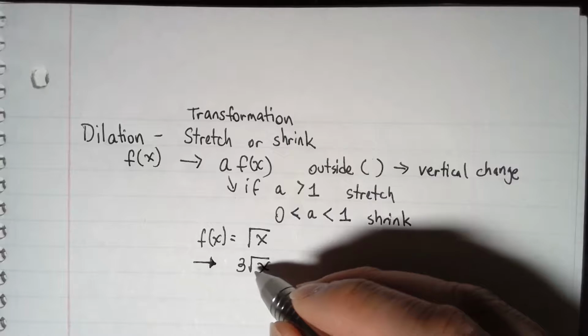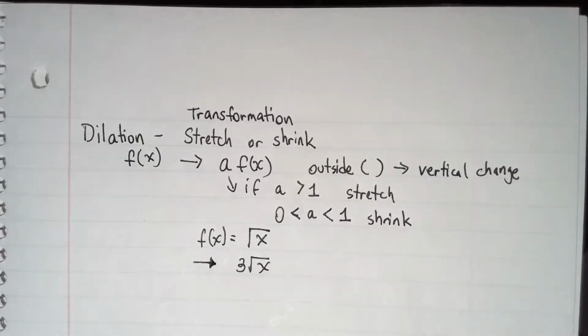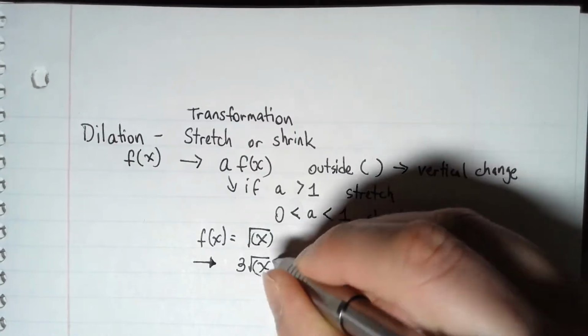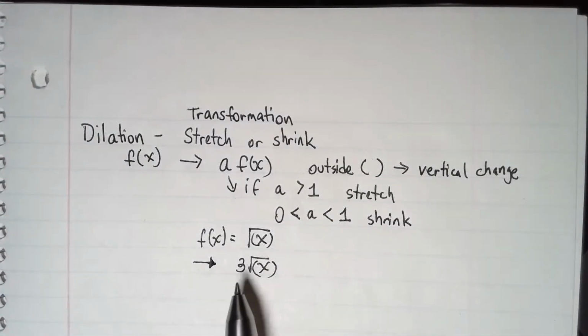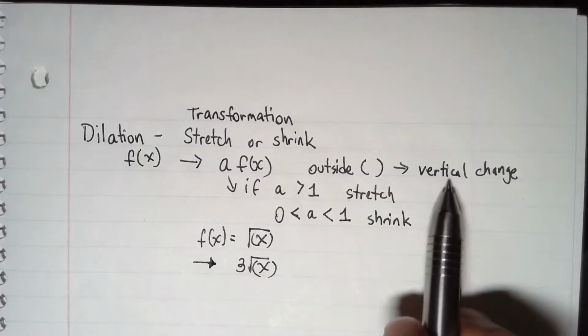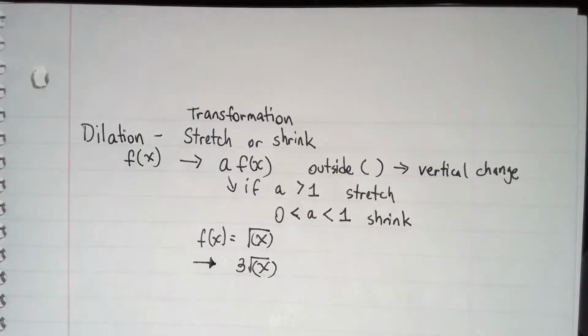This 3 is multiplying, therefore you know you have a dilation because you're not adding or subtracting, you are multiplying. Now, since this is outside the parentheses, and let me just emphasize where the parentheses would be, right here. This 3 is outside the parentheses, and therefore we know it's a vertical change.